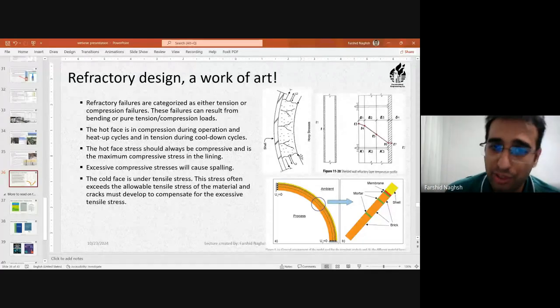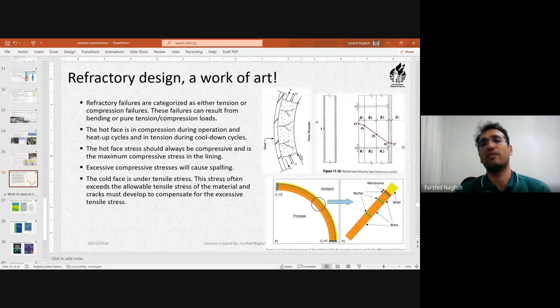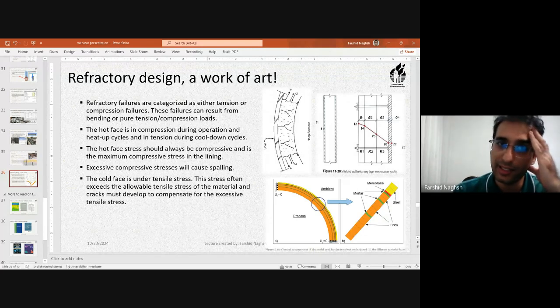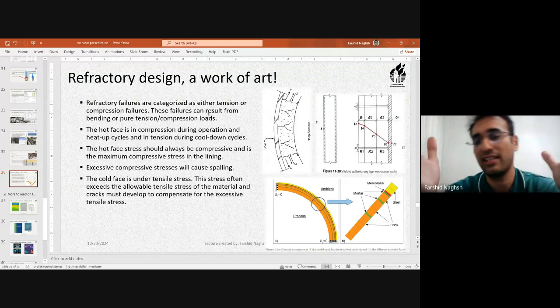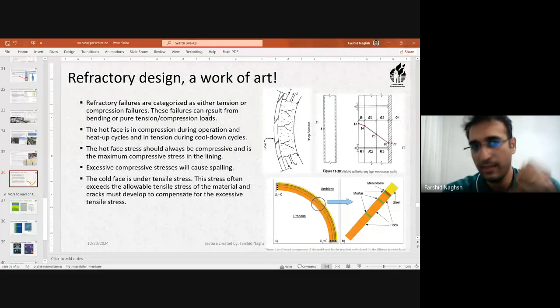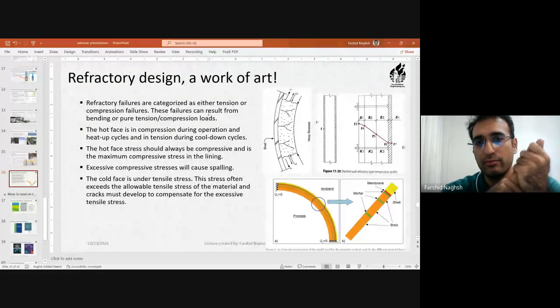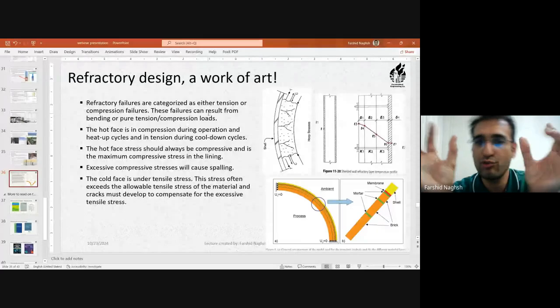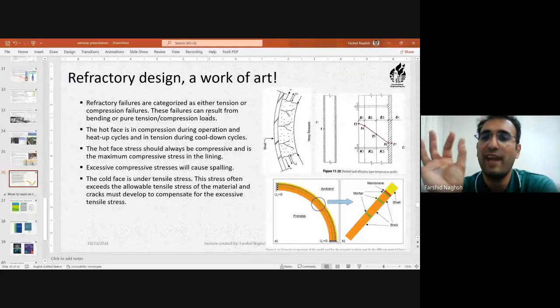I wanted to point out the mechanical part of designing refractories. You have to be aware of a few things. Refractories should be designed in a way that you have the hot face always in compression. So if you choose the thickness of the refractory, the hot face may go into tension.